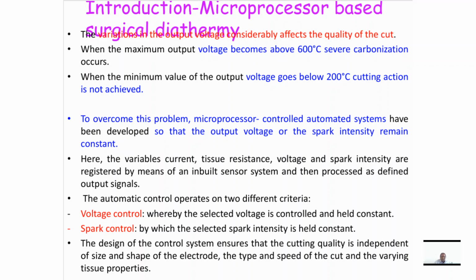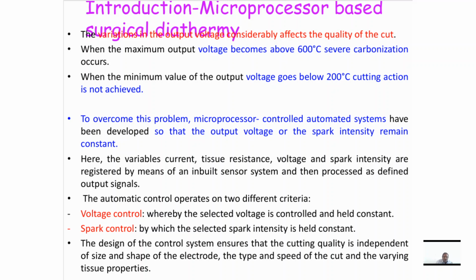Here the variables, the current, tissue resistance, voltage and spark intensity, are registered by an inbuilt sensor system and then processed as defined output signals.